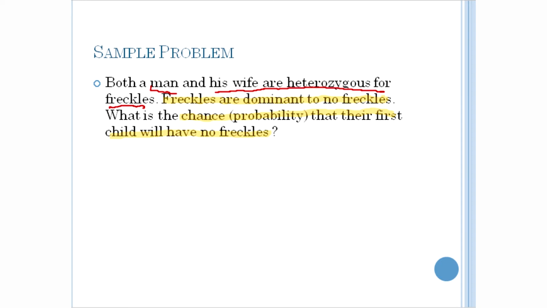The first step, as with all genetics problems, is to write the gamete genotypes of the parents. In this case, you are told they are both heterozygous, so using F for freckles, as this is dominant, you have big F, little f for the man, big F, little f for the woman, his wife.